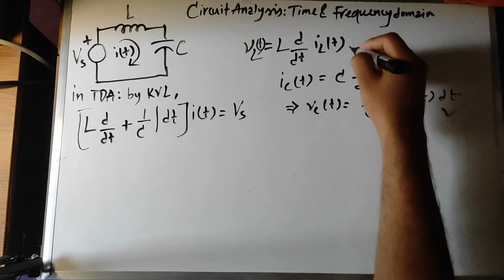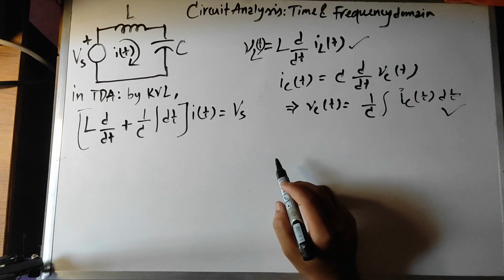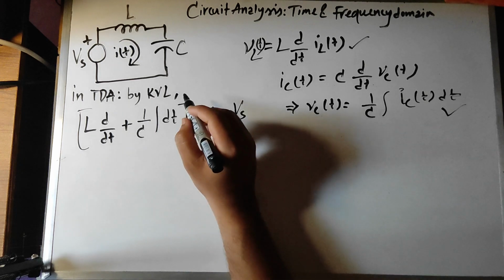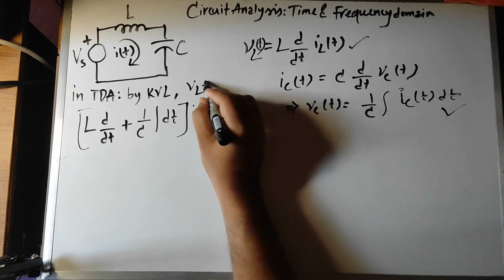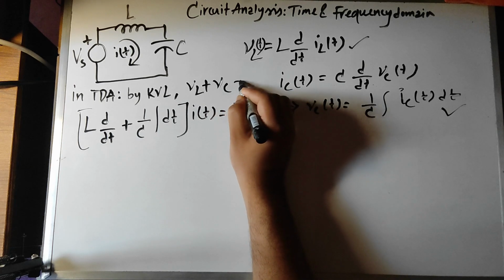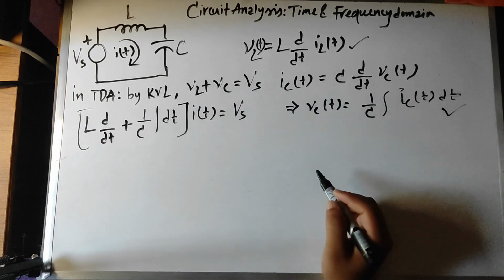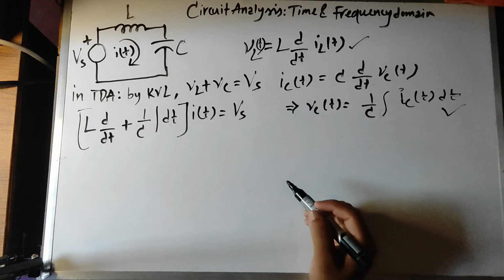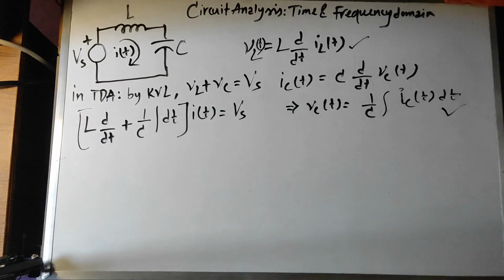So these are the two expressions we're using. So basically VL plus VC equals the input voltage. This is the KVL, and which gives us this.